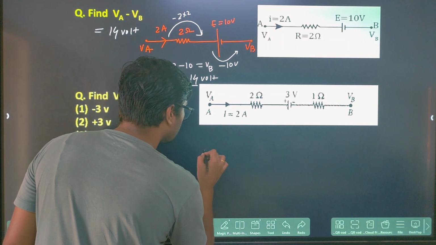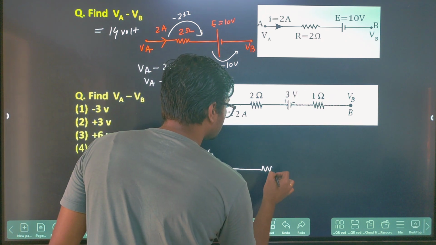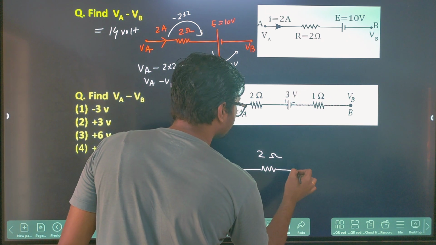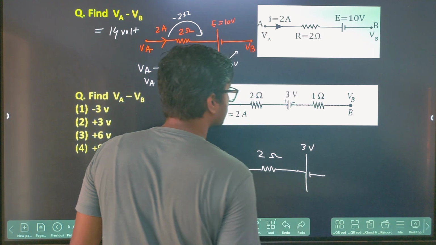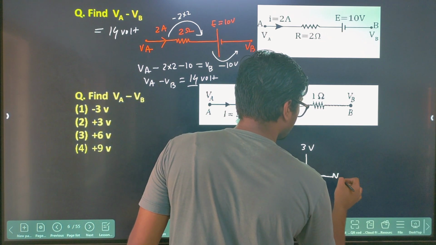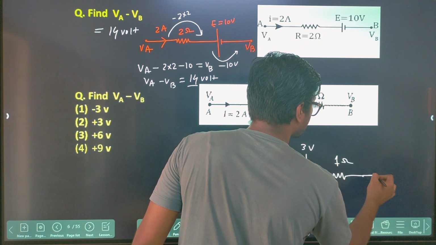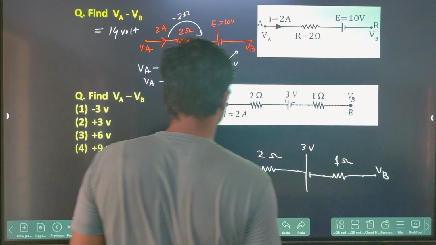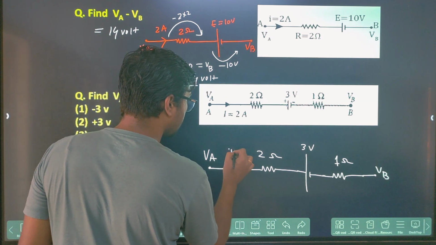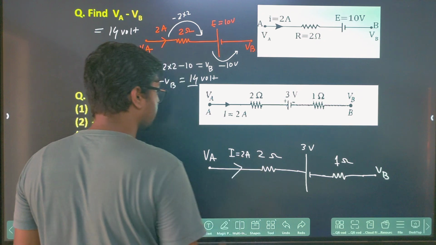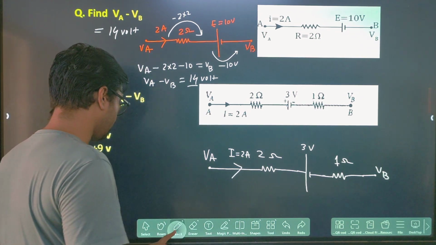This is your VA, this is a 2 ohm resistor, and here it is 3 volt and a 1 ohm resistor, and this terminal is your VB, terminal B. The current flowing in this direction is I equal to 2 ampere. They are asking VA minus VB. It's very easy, right? So you can find out now.